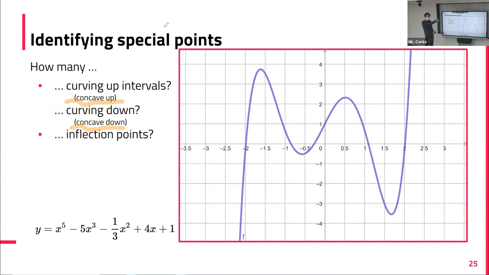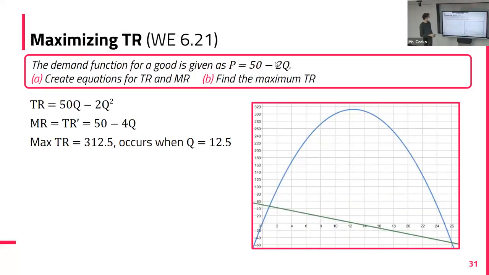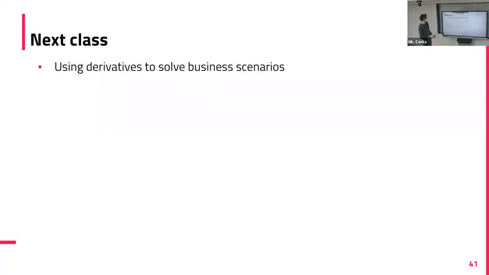I just think curving up and curving down are a little easier to understand, so I've been using that. But any other book or professor will use the words concave up and concave down, so it might be good to remember those.